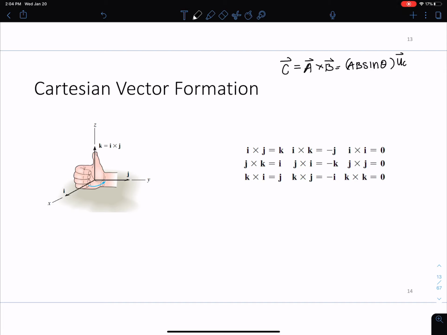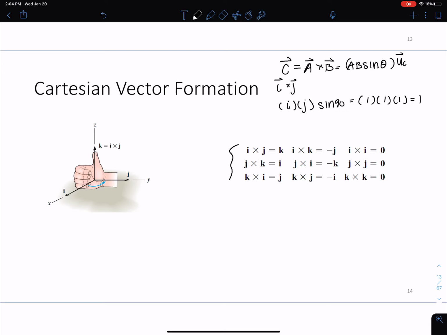For example, let's say we have i cross j. These are two unit vectors, right? The magnitude of the resultant is going to be i j sine 90, because we know that all of our Cartesian coordinate axes are 90 degrees apart, and the magnitudes of our unit vectors are 1, so we end up just getting 1. Pretty cool, right?